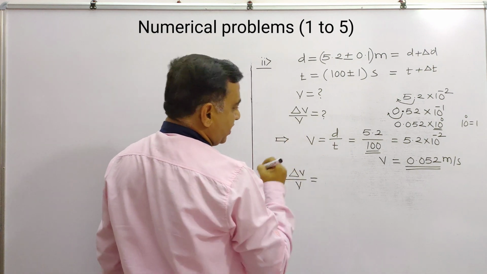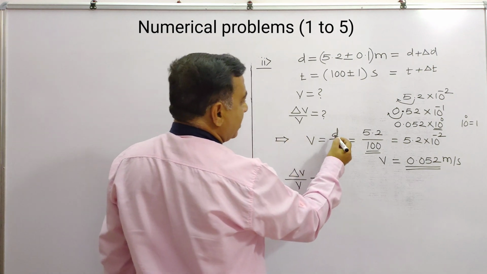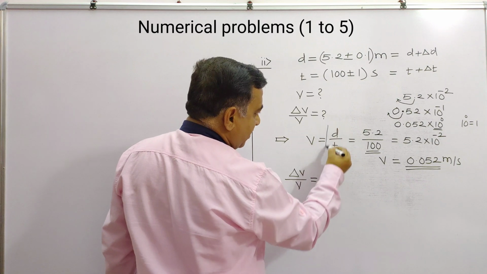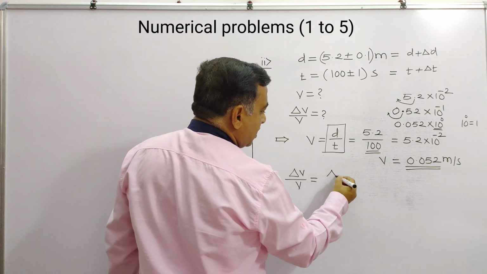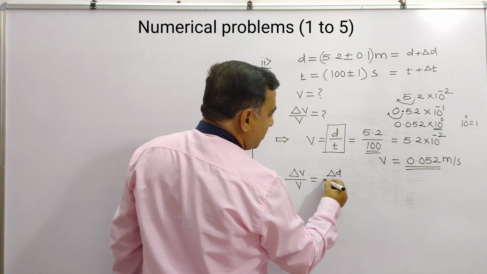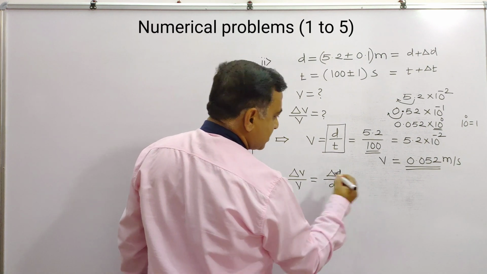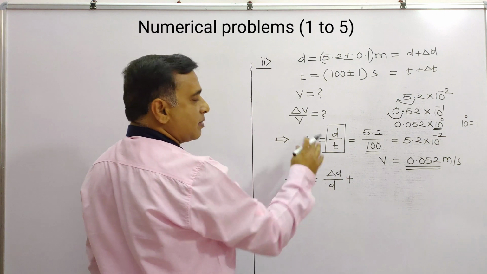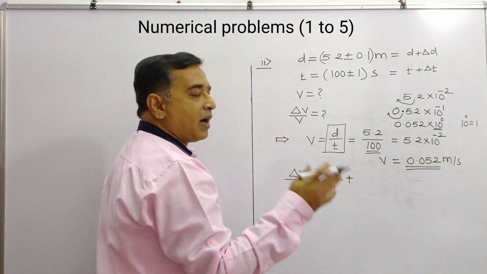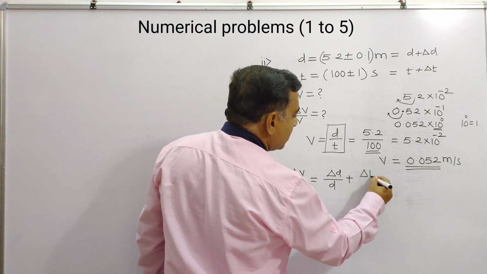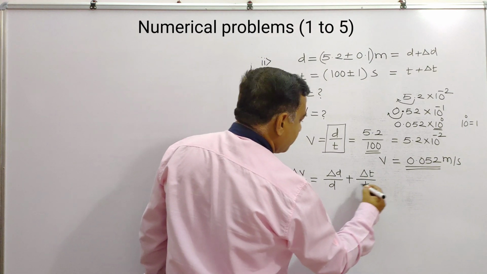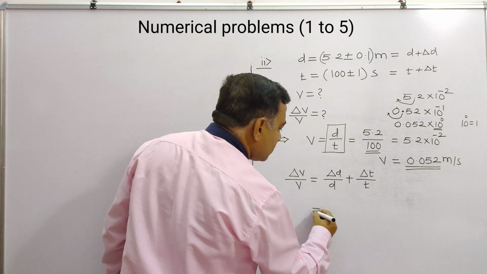Accordingly, the error can be written, since it is in the form of a ratio or division, as delta d upon d plus, same rule as in case of multiplication and division, delta t upon t.